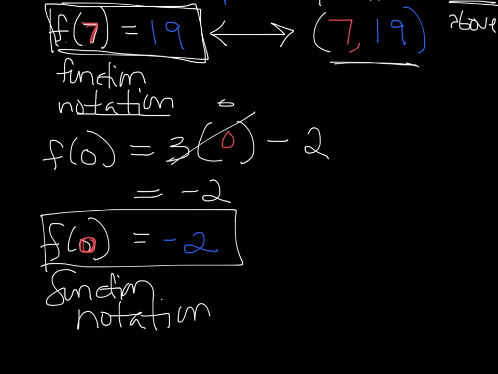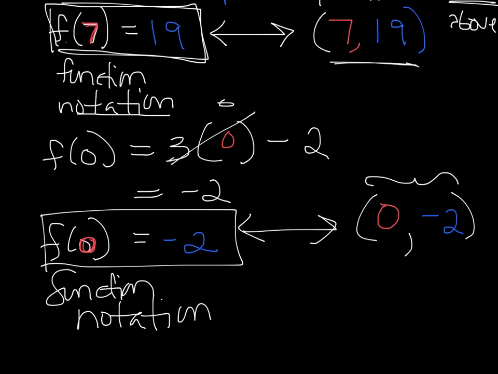Okay, so again, this is function notation, right? And another way of saying this is, I have an ordered pair such that the x coordinate is 0 and the y coordinate is negative 2.